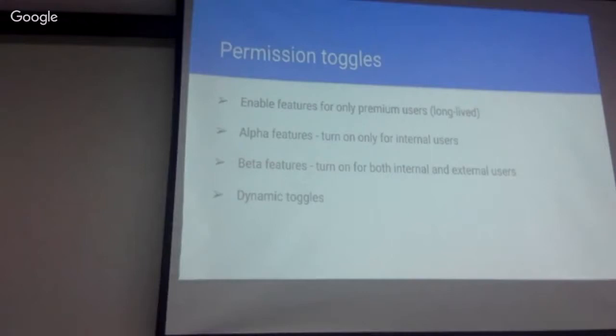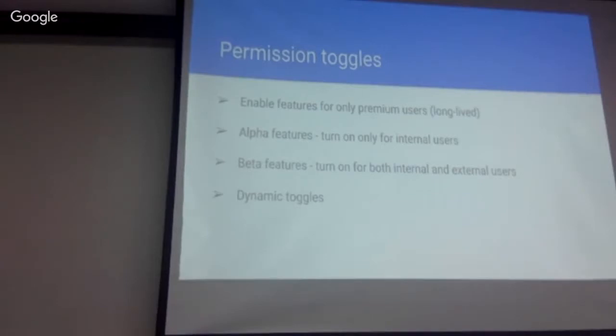So the last type of toggling that we would see is permissioning toggles. These toggles are used for differentiating premium users from the rest of the system. For example, if you want to enable a certain set of features only for premium users, then we would use toggles again, and based on the incoming user request, we would identify what sort of user he is and enable or disable the feature.